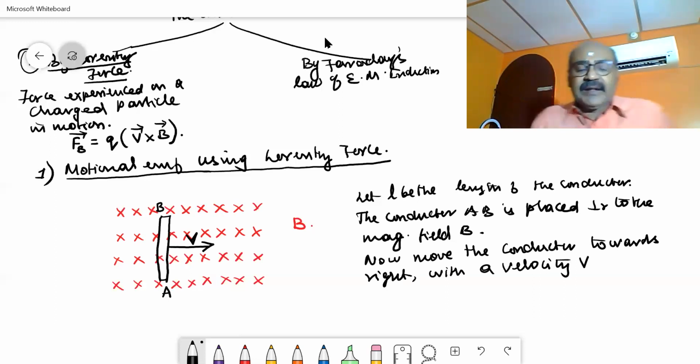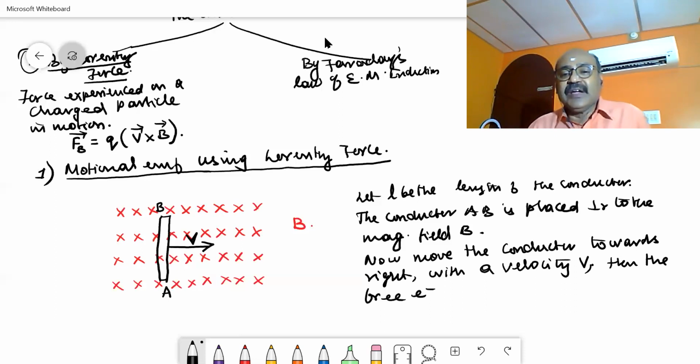When you are moving the conductor towards the right with the velocity v, automatically the free electrons in this conductor are also moving with the same velocity. So the free electrons in the conductor are also moving with the same velocity.